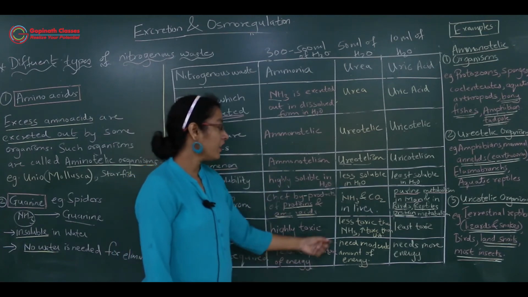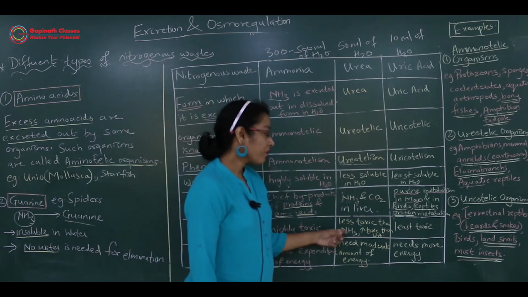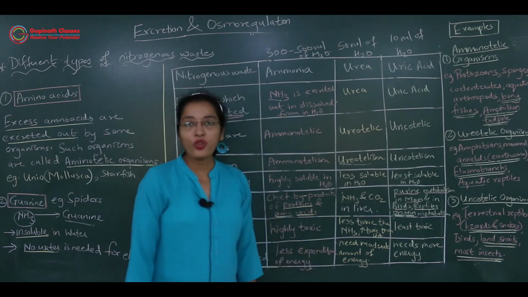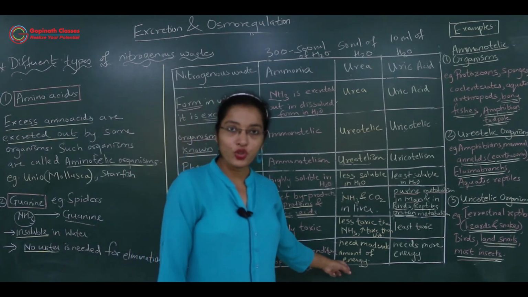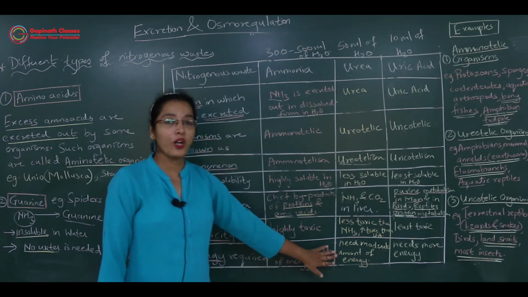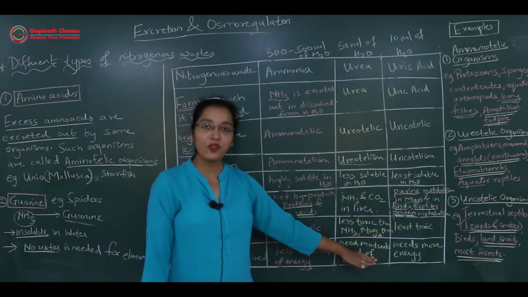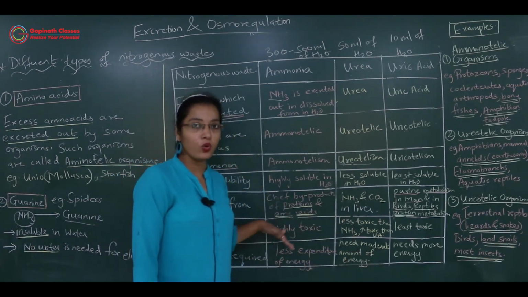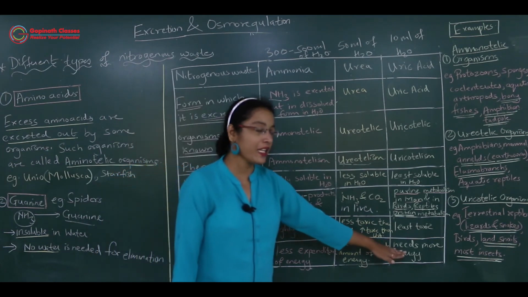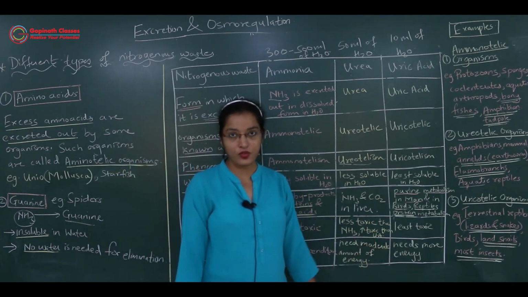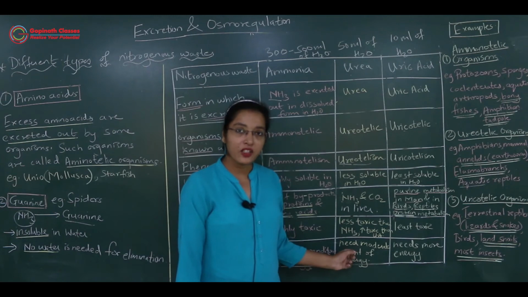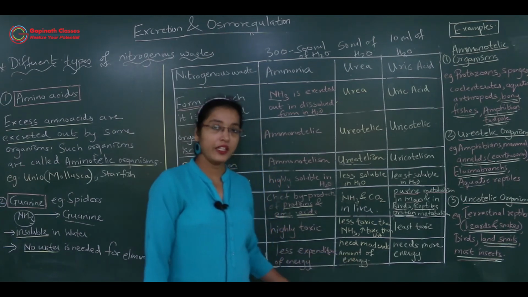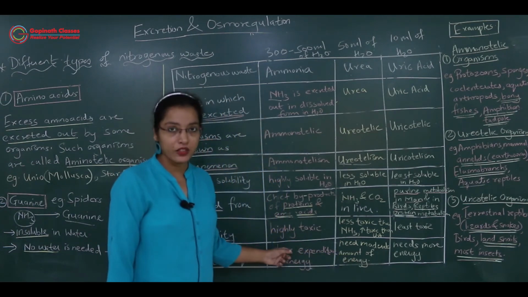Okay. Then the amount of energy which is needed for elimination of urea is moderate. So a moderate amount of energy will be needed here as compared to uric acid eliminating organisms. Okay, energy moderate quantity का लगता है, यहाँ पे energy सबसे कम लगता है.